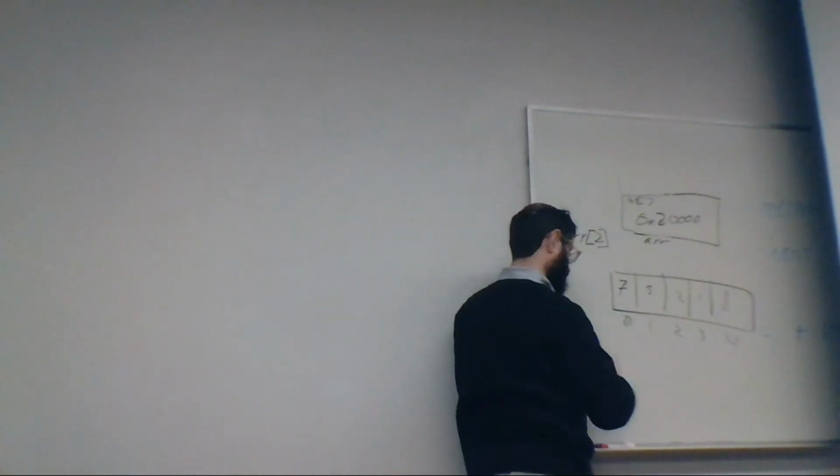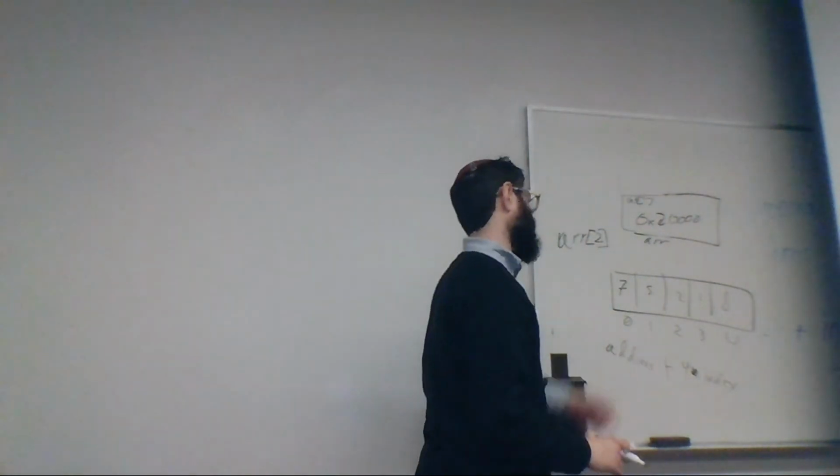So to find the memory location of what's at index 2, I take this memory location. Let's call this variable the address. I take the address, and I add the size of an integer to it, which is 4 bytes, because we're dealing with integers for this example.